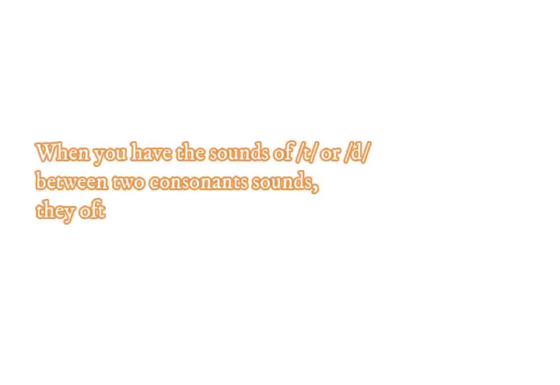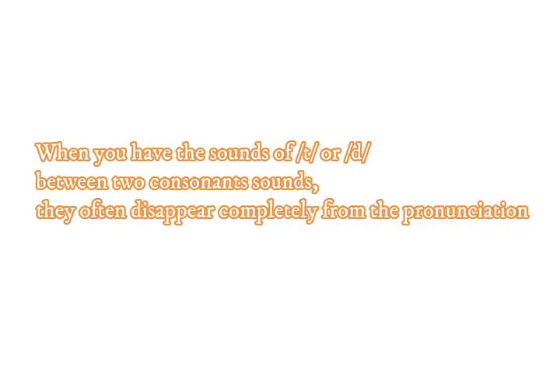Another form of connected speech is elision. When you have a sound t or d between two consonant sounds, they often disappear completely from the pronunciation. When you have t or d between consonant sounds, they disappear, just to improve flow of speaking.